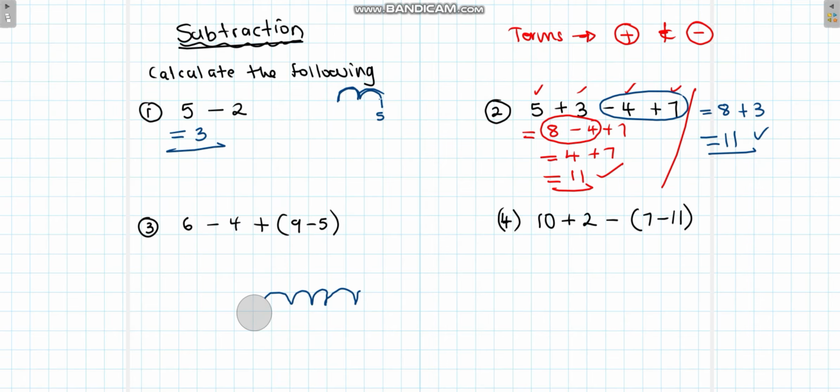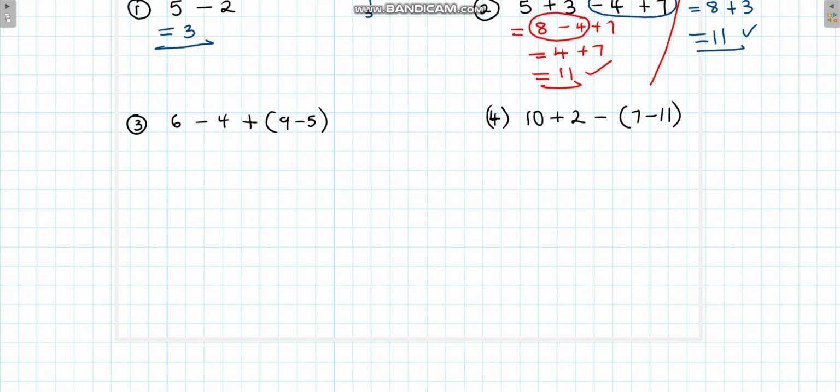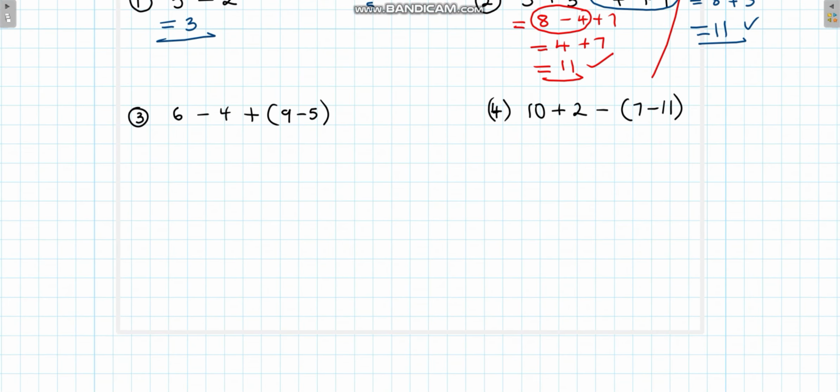Okay. So now, let's move to number 3. Our number 3 says 6 minus 4. Can you see we are having brackets, but what's happening with our brackets? There's no number, so we are safe.